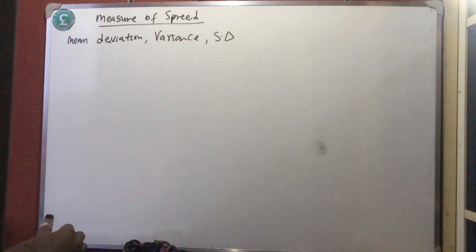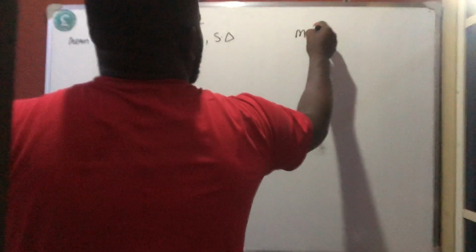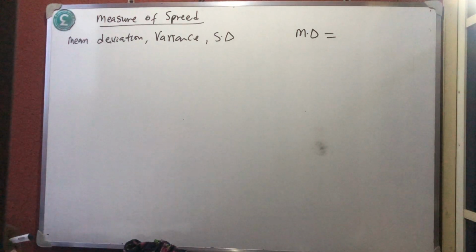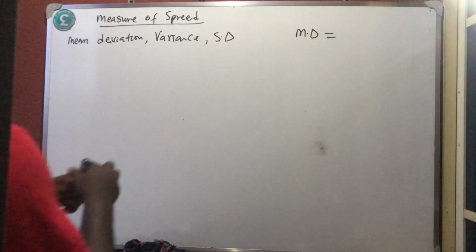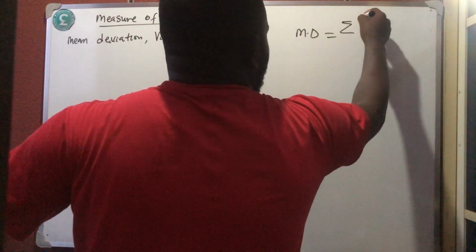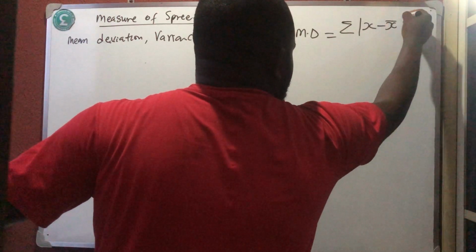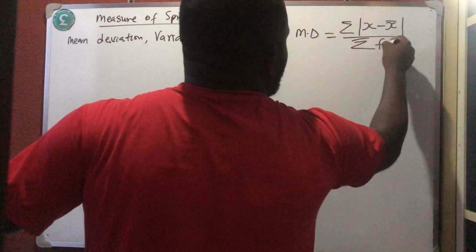Now, in ungrouped data, I told you how to get your mean deviation. Do you still remember? Our mean deviation is simply gotten by summation f, absolute value of each of them minus the mean first, all over summation f.